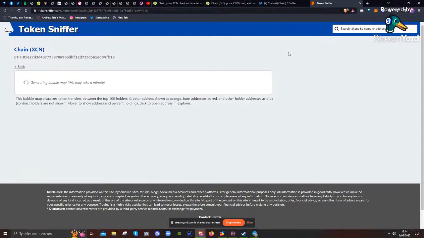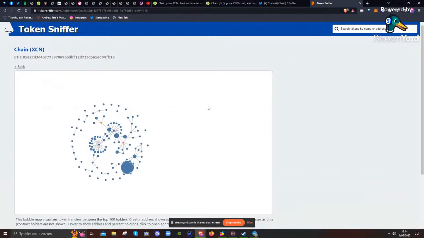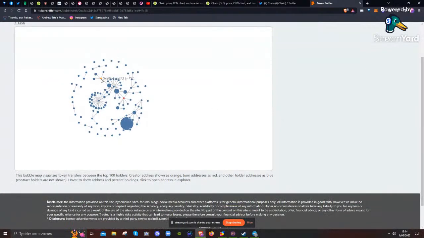Always generate a bubble map just to make sure. Creation wallet, burn wallet. One big holder here. So that's a question mark, I might say.